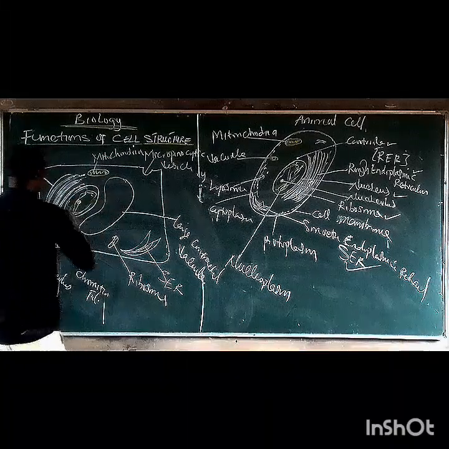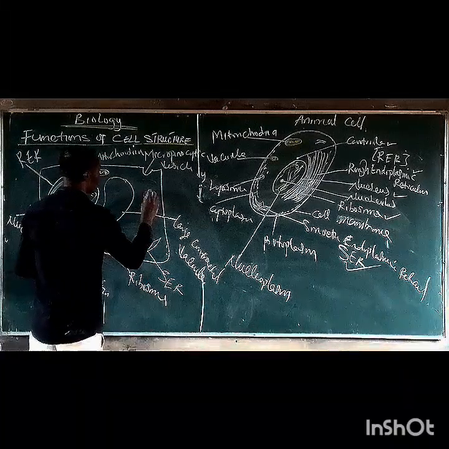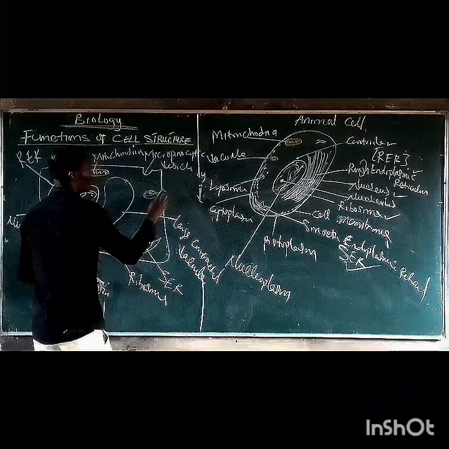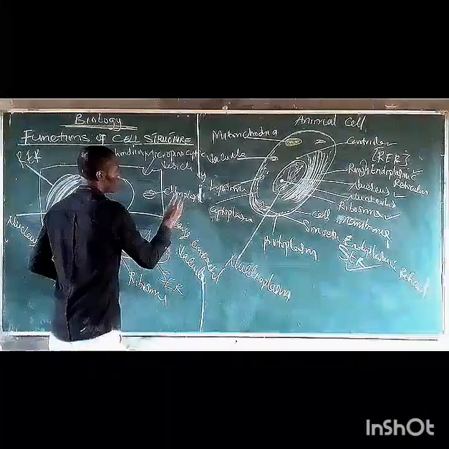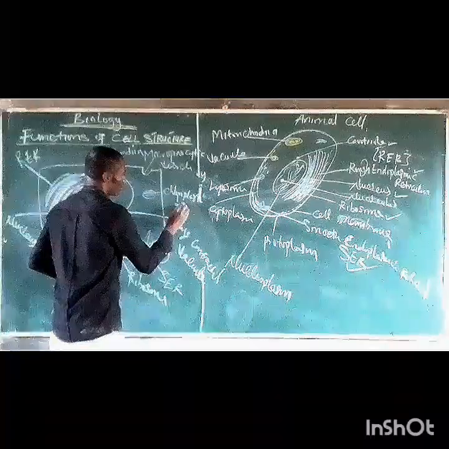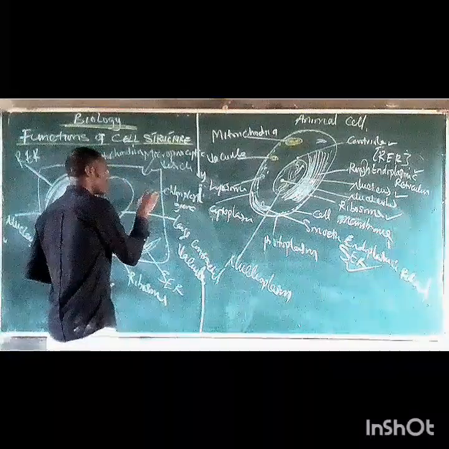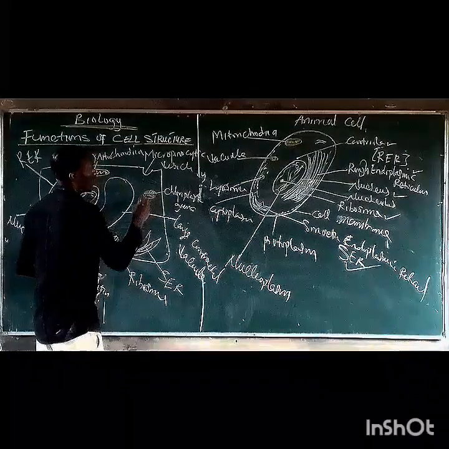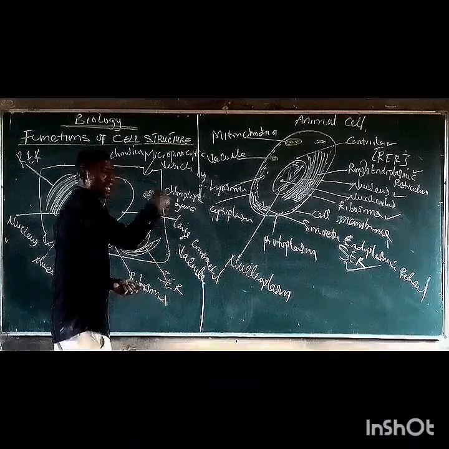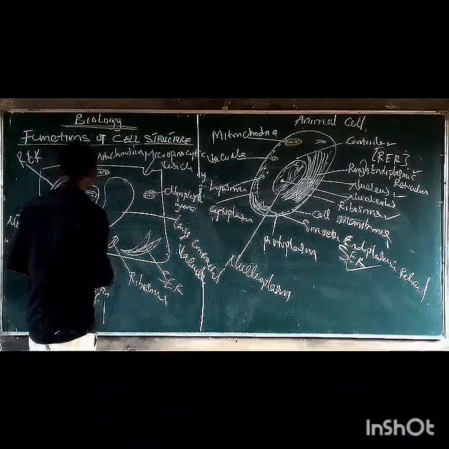Okay, now there's something I'm missing out here. So somewhere around here is the chloroplast. Because chloroplast contains the grana. Inside the chloroplast, the grana is inside the chloroplast. The chloroplast contains chlorophyll too and the grana is inside it as well.